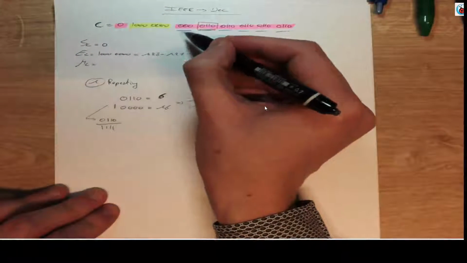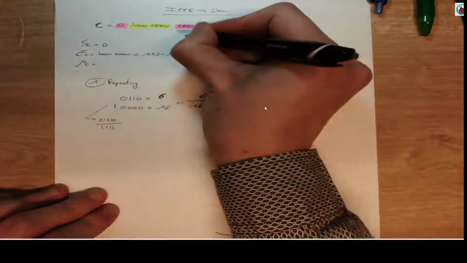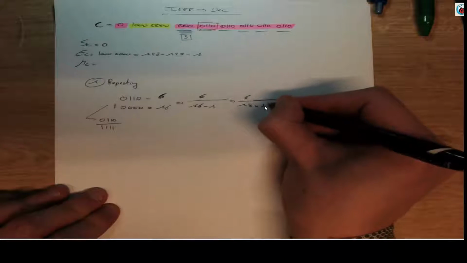So we will divide 6 by 15 times 2 to the power of the amount of bits we have that are non-repeating. In this case, it's 3 bits. So we'll have 6 divided by 15 times 2 to the power of 3, 3 being the amount of bits that are non-repeating.